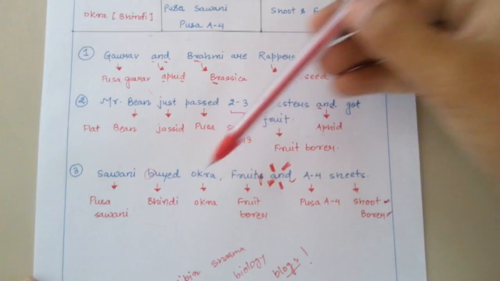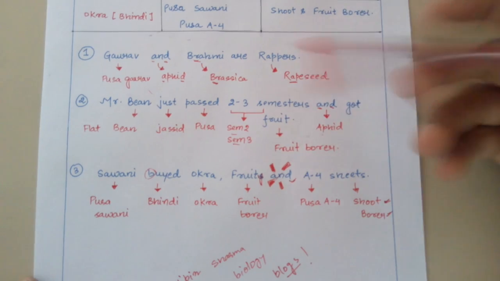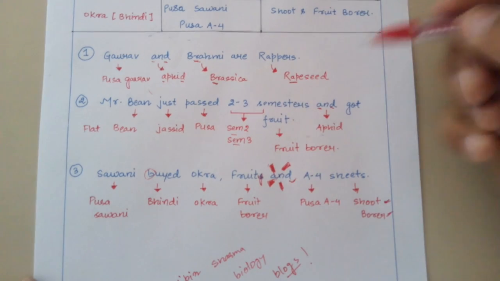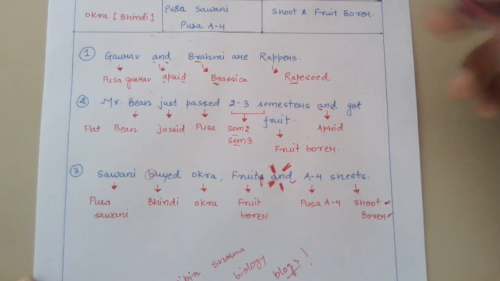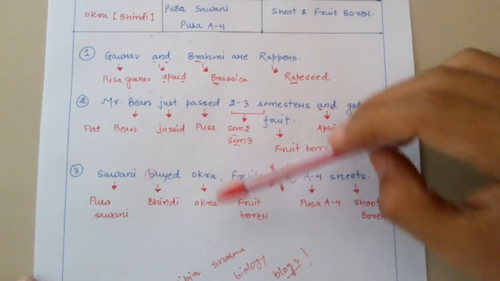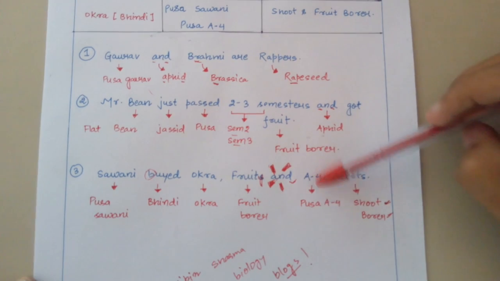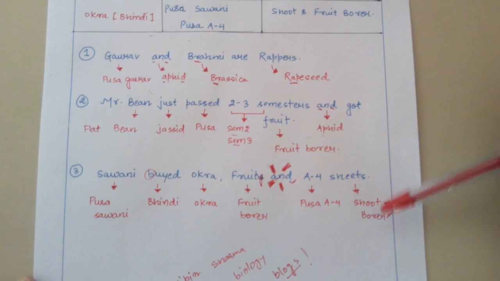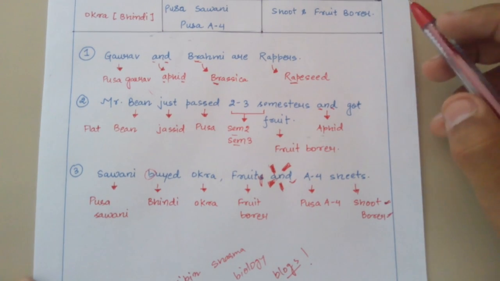So Savani buys okra, fruity and A4 sheets. Here I have marked a cross on "and" because aphids are not included in the insect pests of bhindi. So Pusa Savani, bide means bhindi, okra means okra, fruity means fruit borer, A4 means Pusa A4 which is a variety of bhindi, and sheets means shoot borer which is the insect pest for bhindi.